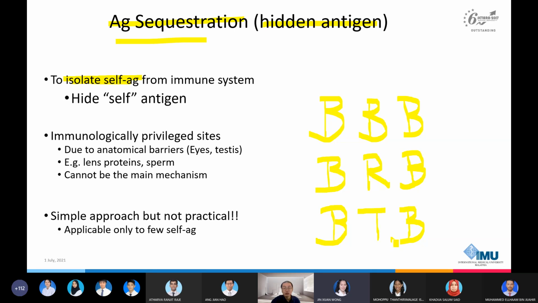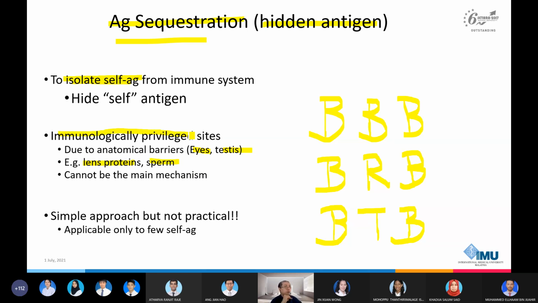No, but anyhow, what does this blood-testis barrier mean? Basically, it means that the blood is kept away from that portion. So as you can see, in the eyes and testes, the lens proteins and sperm are actually self-antigens, but they are kept away from the immune system through these immunologically privileged sites.